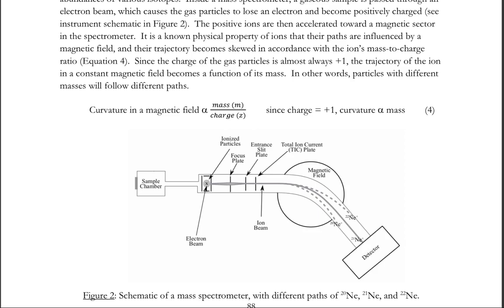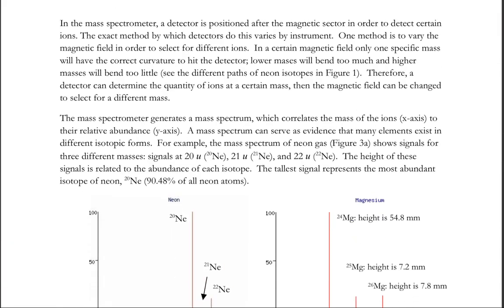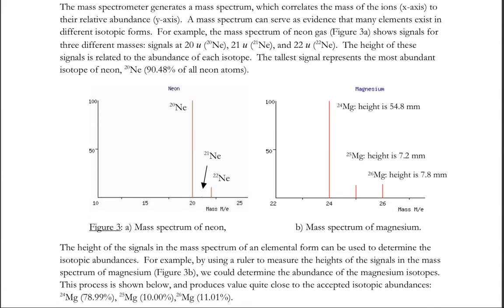Where they hit the detector has to do with their mass. How many times, for example, neon 20 hits the detector is a measure of its abundance. How many times neon 21 hits gives its abundance, and likewise for neon 22. What we end up with is a graph that looks like figure 3A, the mass spectrum of neon.